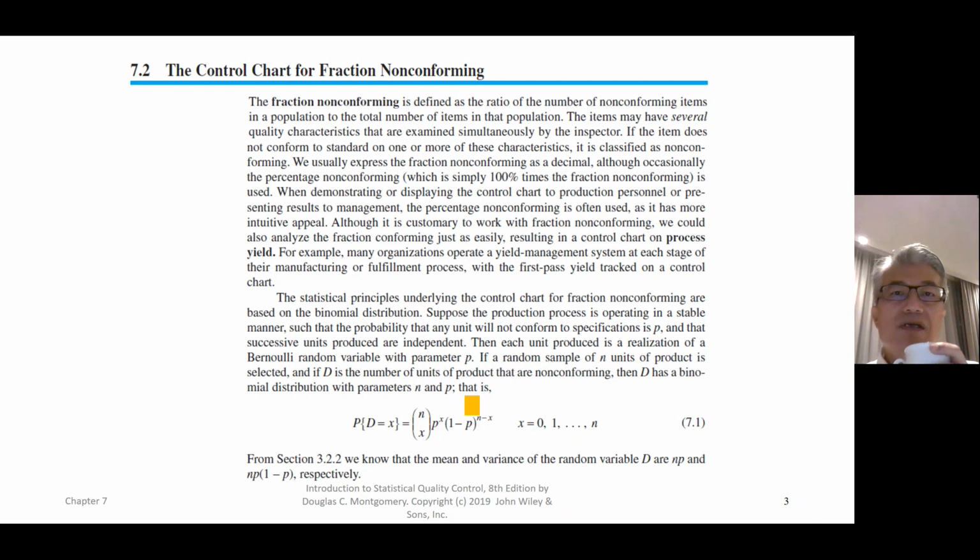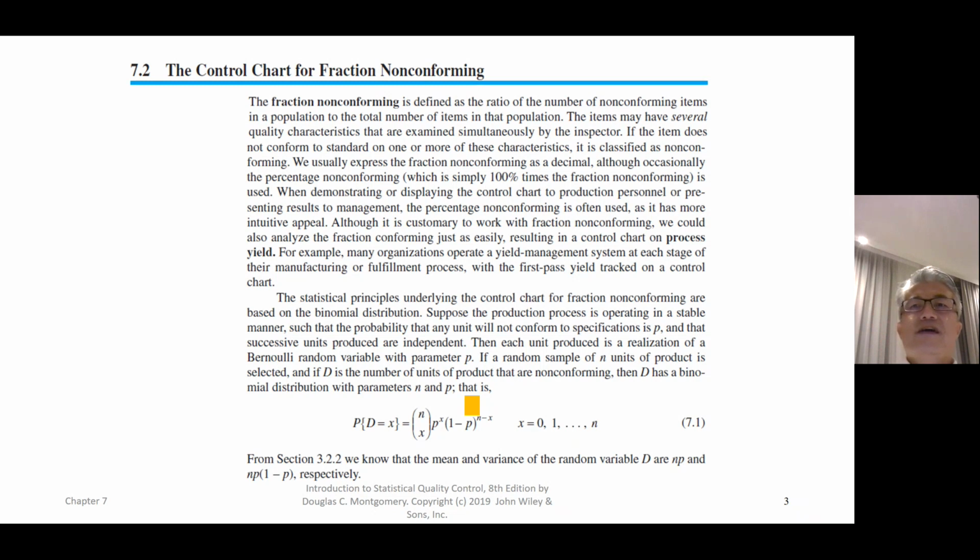Fraction non-conforming is defined as the ratio of the number of non-conforming items in a population, where a population is a really large base size, to the total number of items in that population.